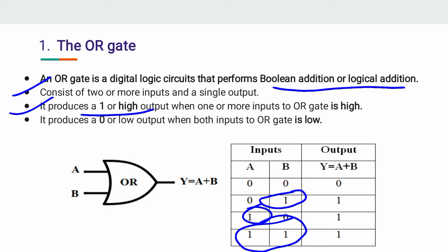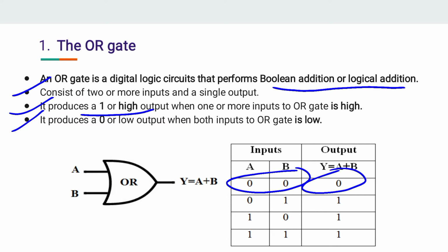That means if you have two inputs, any one input should be 1 if you want to get a 1 as output, or you can have both the inputs high. It produces 0 or low when both inputs to the OR gate are low. So when both the inputs are 0, the output is 0, otherwise it is 1. So this is the OR gate.